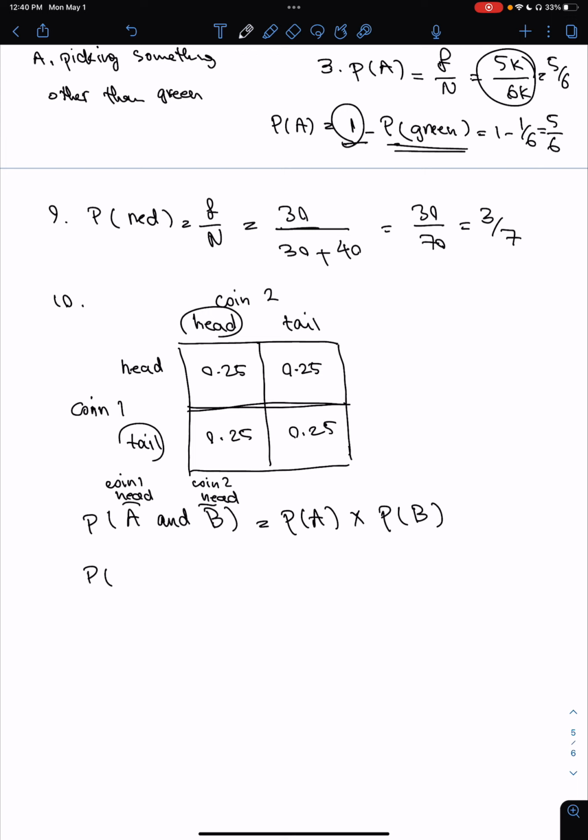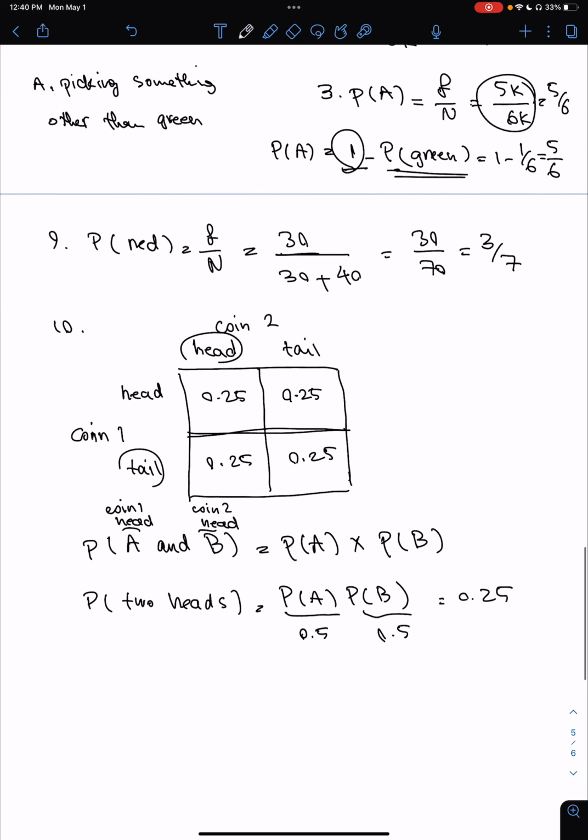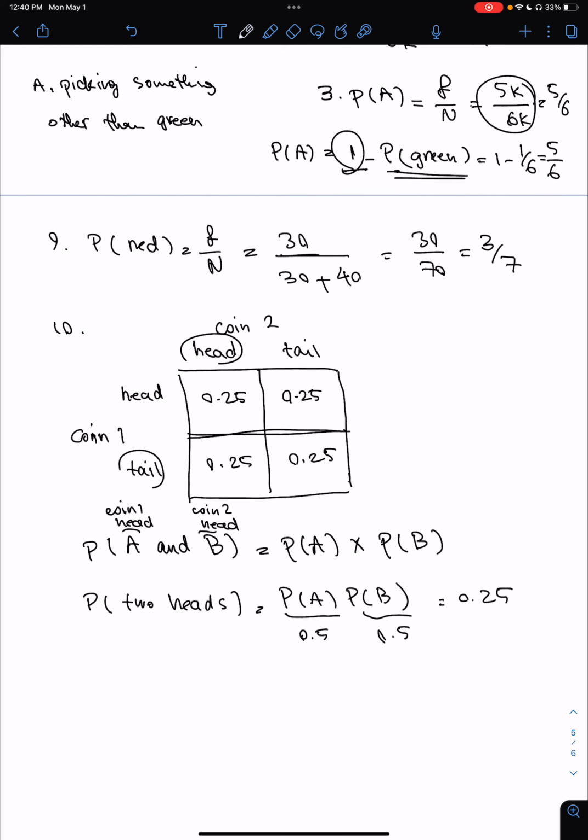They don't impact or influence each other in any way. That's why we call them independent. So probability of two heads will be P of A times P of B. PA we know is 0.5, and PB is 0.5. So the probability of two heads is 0.25. Okay, that's all for practice question 6.